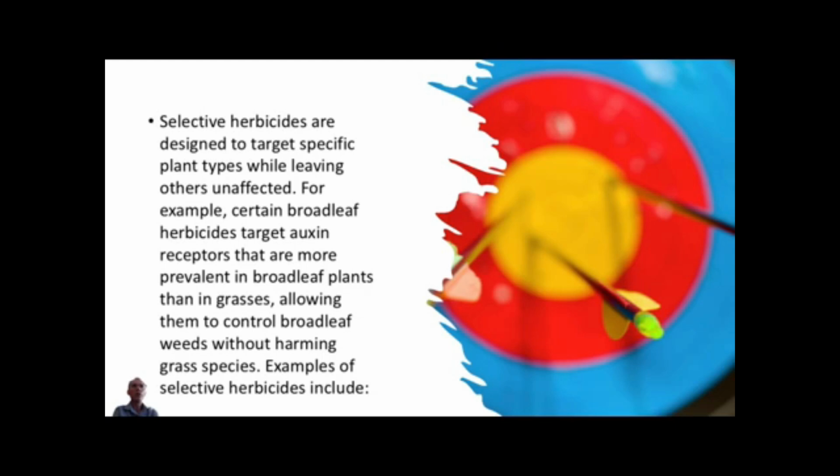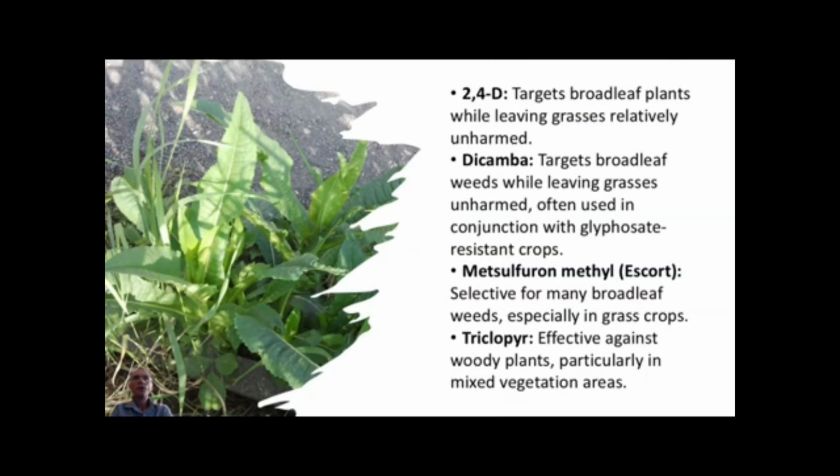For example, certain broadleaf herbicides target auxin receptors that are more prevalent in broadleaf plants than in grasses, allowing them to control broadleaf weeds without harming grass species. Examples of selective herbicides include 2,4-D, which targets broadleaf plants while leaving grasses relatively unharmed.